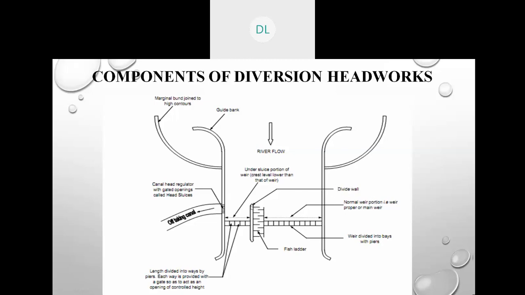The divide wall is a wall constructed across the length of the weir to divide it into two parts. This wall extends onto the upstream as well as the downstream. On the upstream, it divides the whole water pocket into two areas: one on the canal side and the other on this side. Water will definitely get accumulated here also. As soon as we allow water to move into the canal, this pocket is almost stationary.